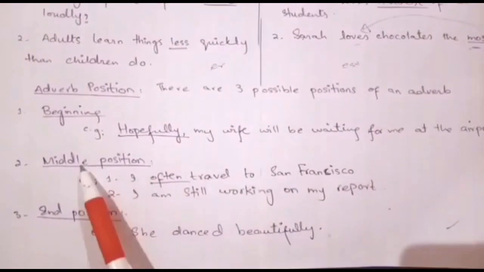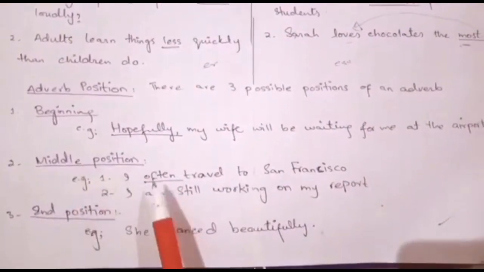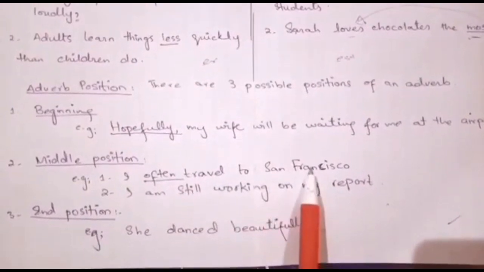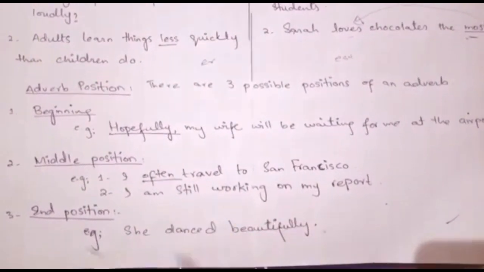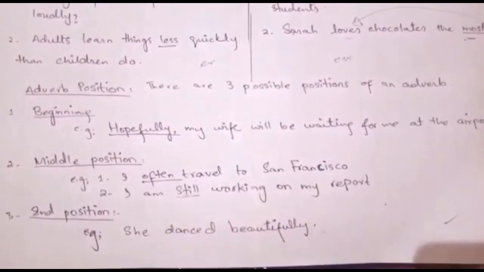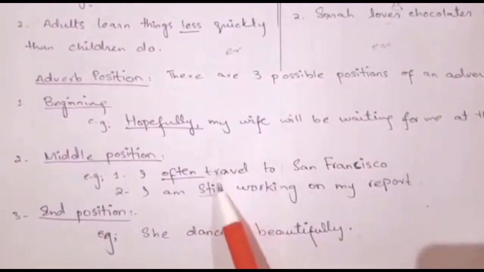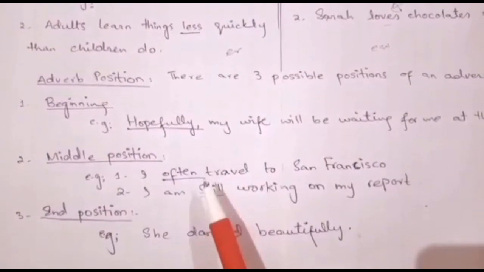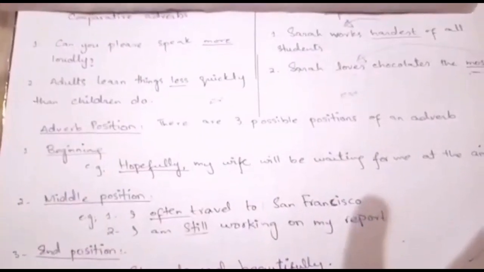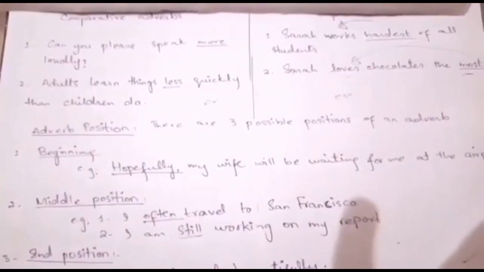Number 2 is middle position. I often travel to San Francisco. I am still working on my report. In these examples, the adverbs are in the middle position. That is, between subject and the main verb.